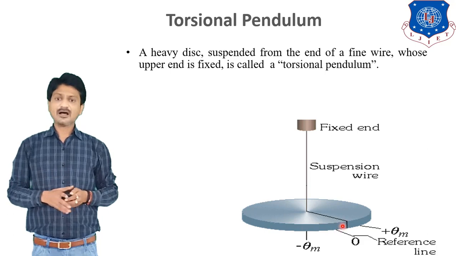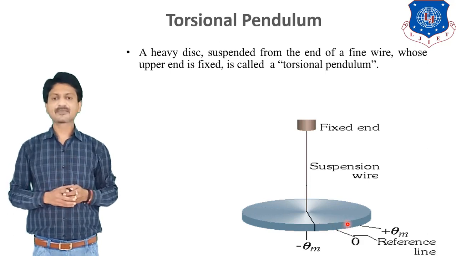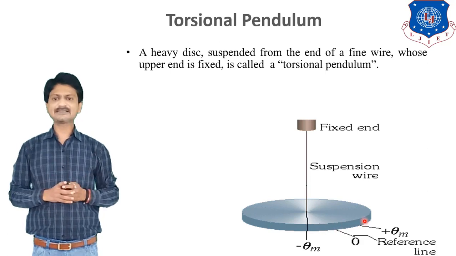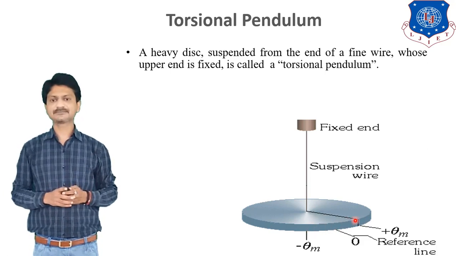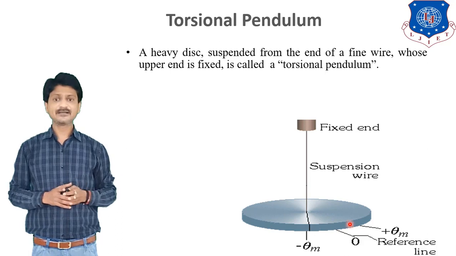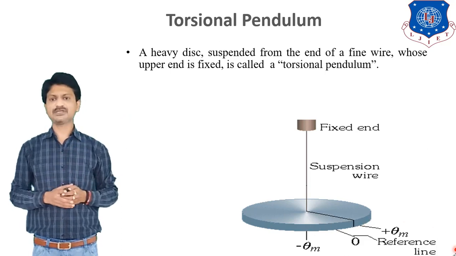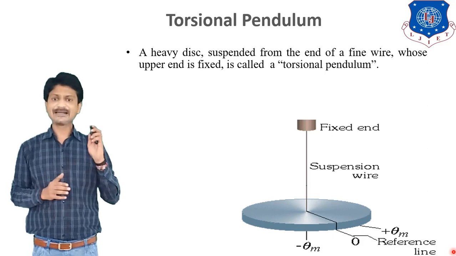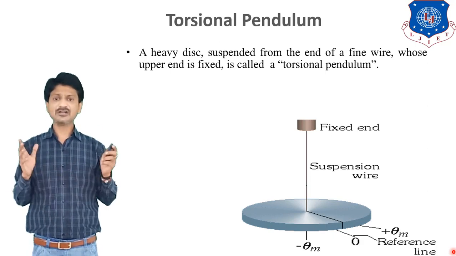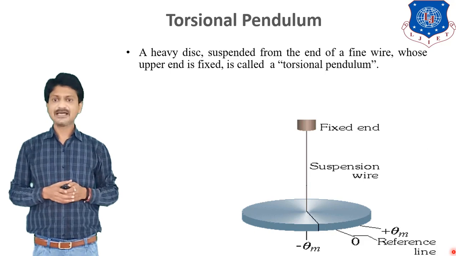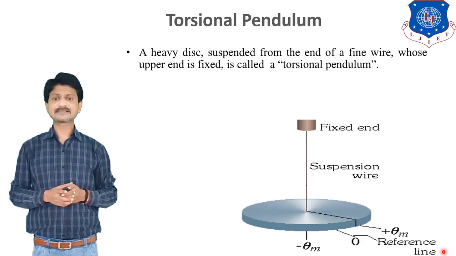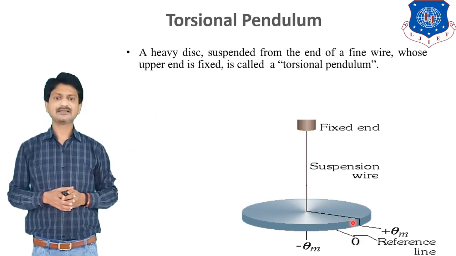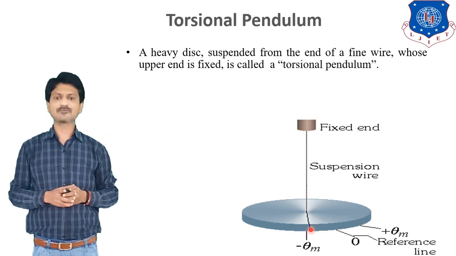When the disc is turned about the axis of the wire, the wire exerts a torque on the mass, tending to rotate it back to its original position. So, if twisted and released, the mass will oscillate back and forth, and it demonstrates simple harmonic motion. You can see in the figure that simple harmonic motion.